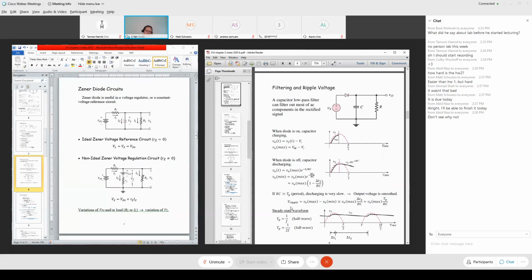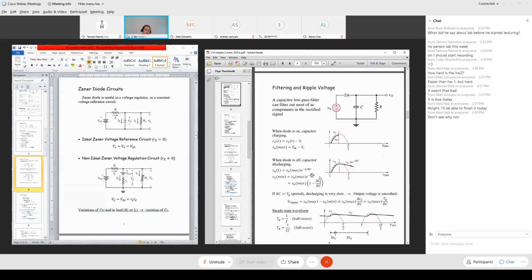You see this point? It's not a perfect DC voltage source. It has a ripple, so this has a ripple voltage, VPS. We want to use a Zener diode to further stabilize this, or reduce the ripple. Do you understand the purpose?